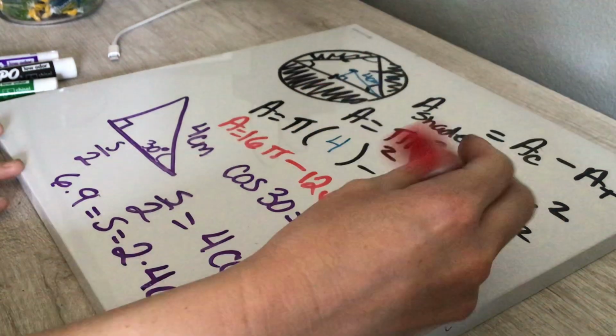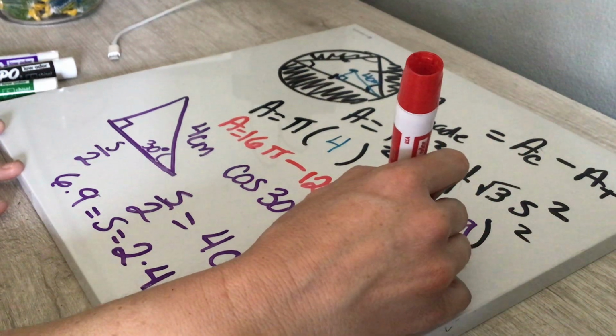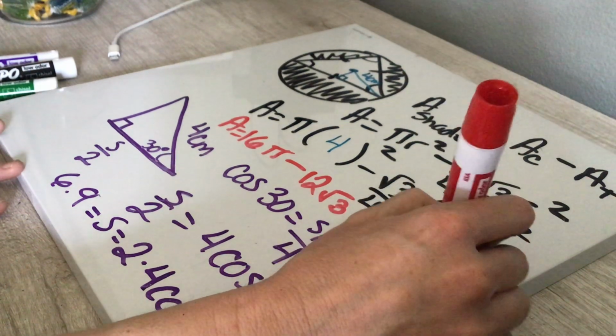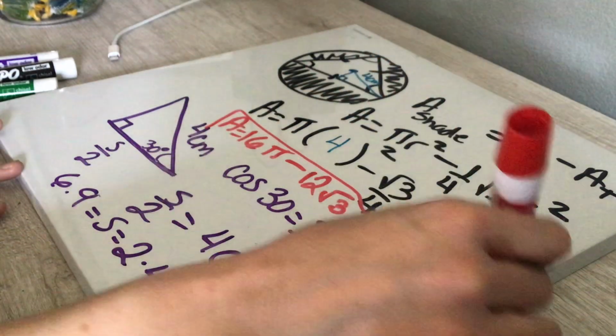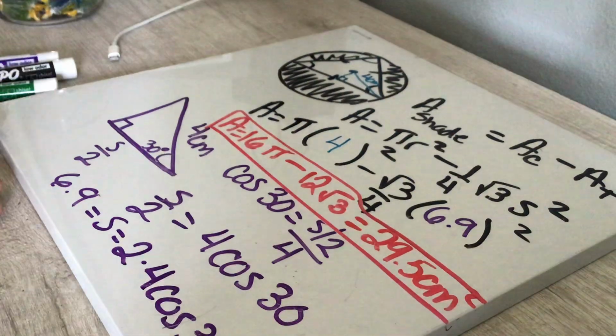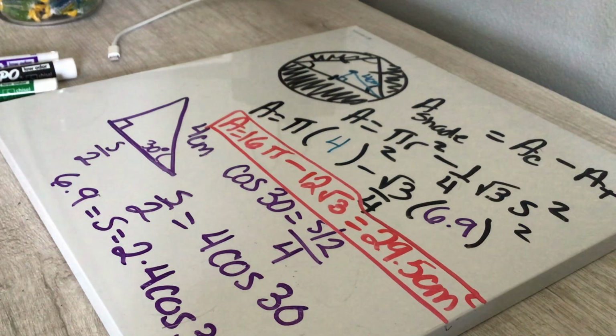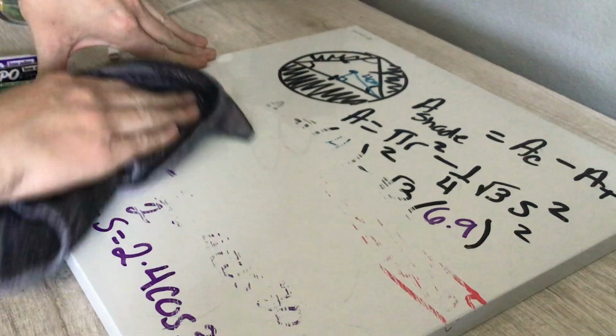And then using a calculator, you get 29.5 centimeters squared for the area of the shaded region. Okay? All right, one more. So we had to use what we know about triangles and trig ratios to get the measurements for area.